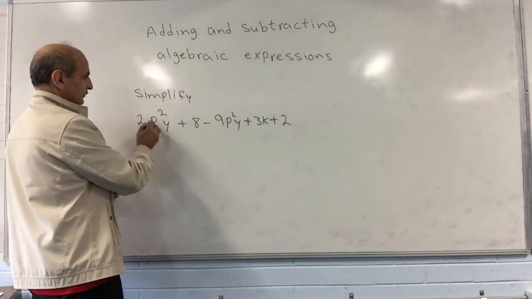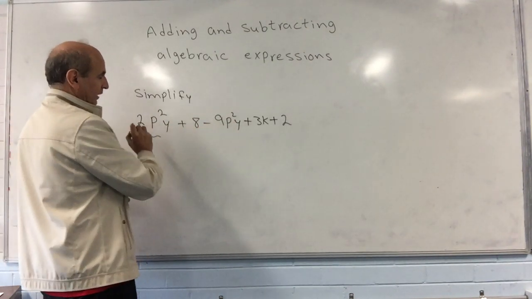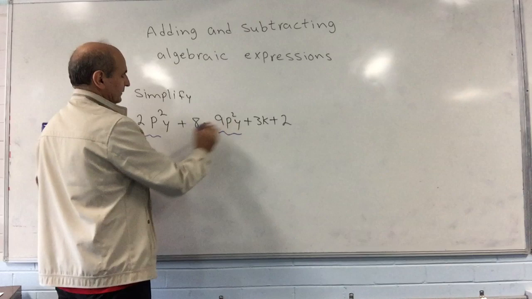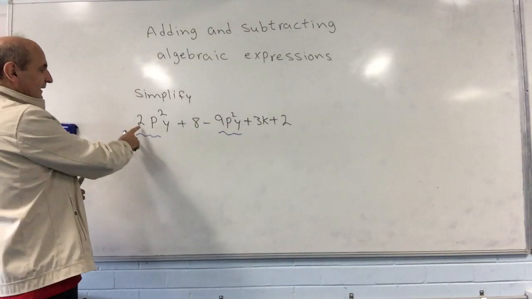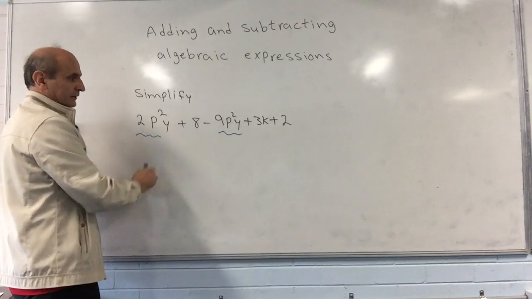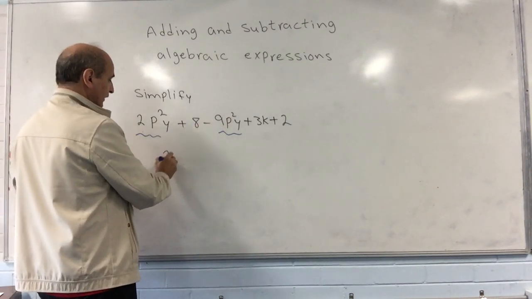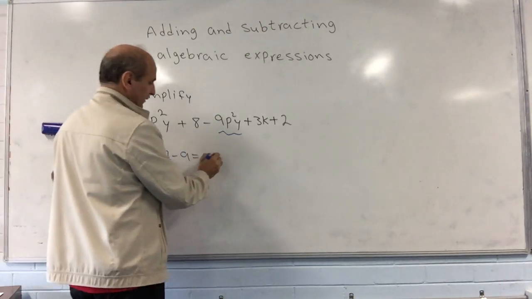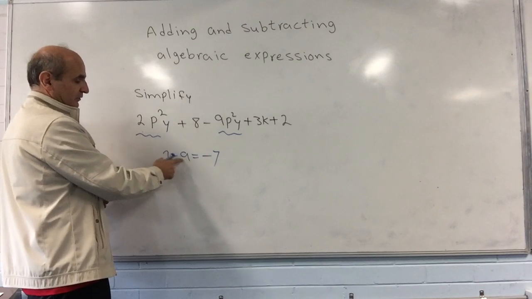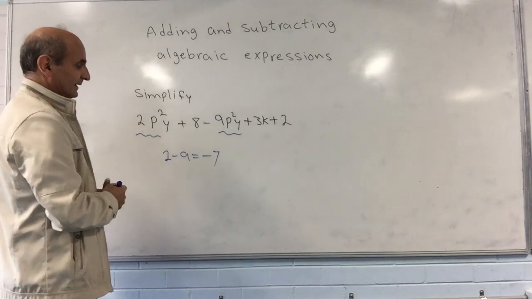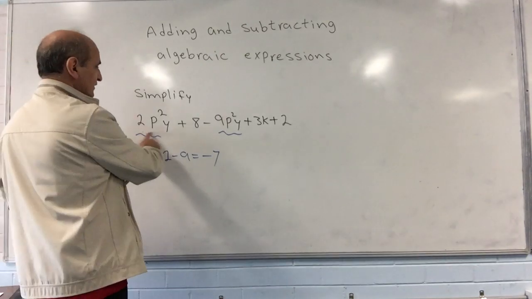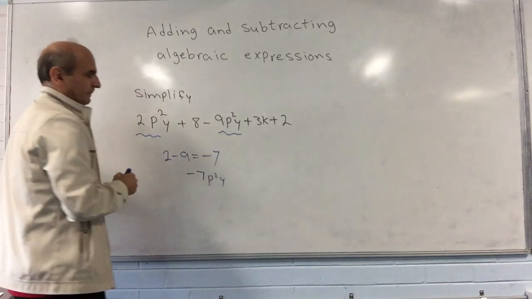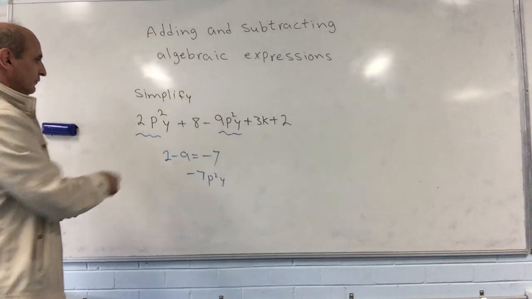Both of these have got p and y, and the p's have got the same powers and the y's have got the same powers, so they are like terms. But I have to take away 2 minus 9. There's a minus in front of that. 2 minus 9 is a negative number, minus 7, because you are taking away a larger number from a smaller number. So these two together will become minus 7p squared y.